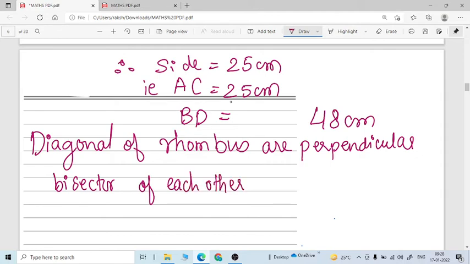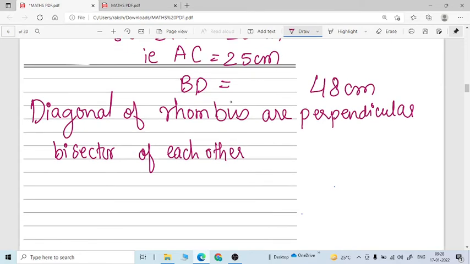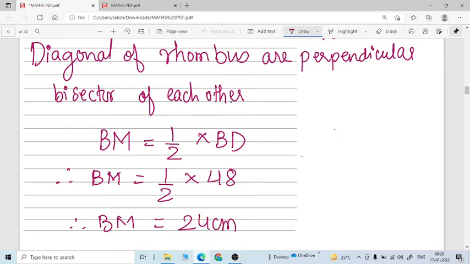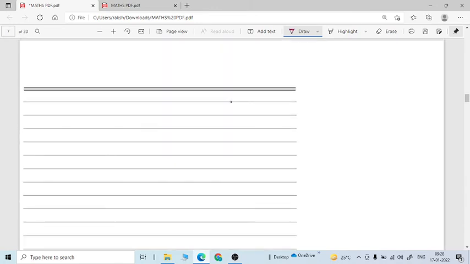So for bisecting, BM is equal to half into BD. We want half of BD for BM. So BM is equal to half into 48. What is half of 48? That is 24 centimeter.